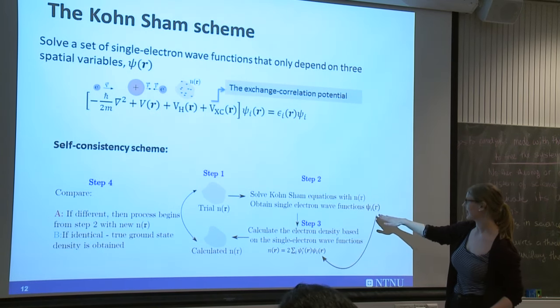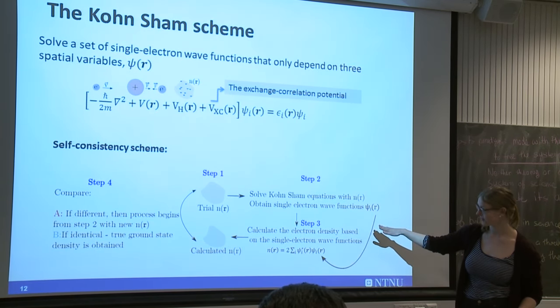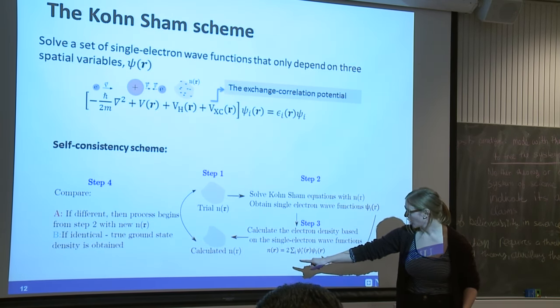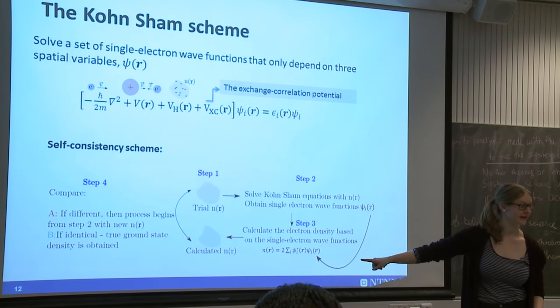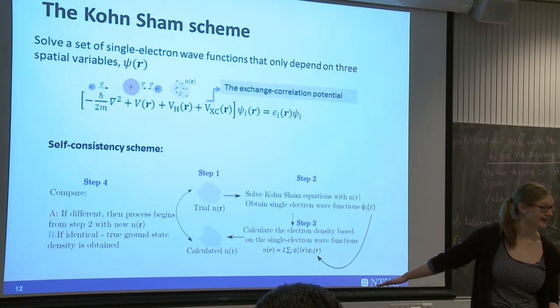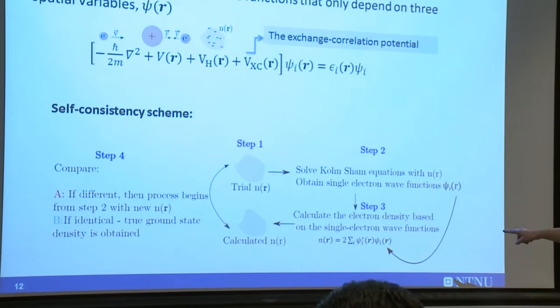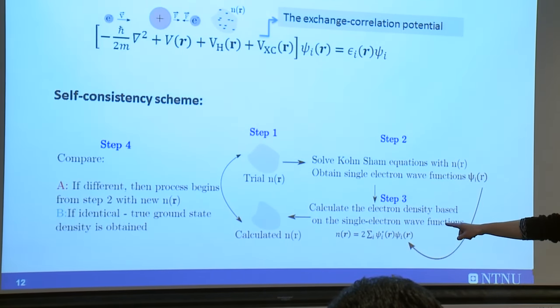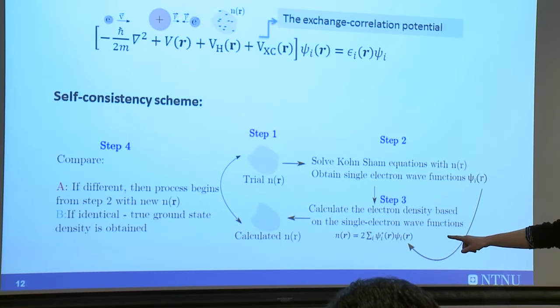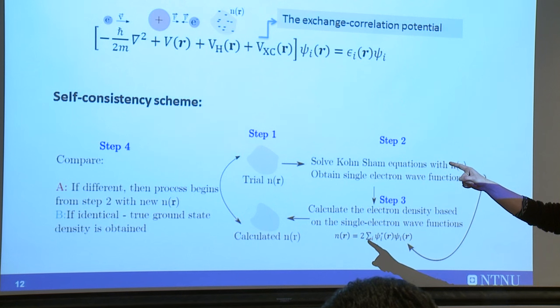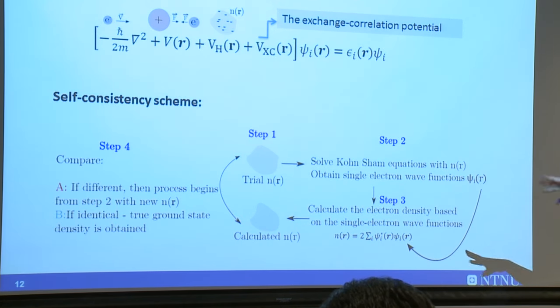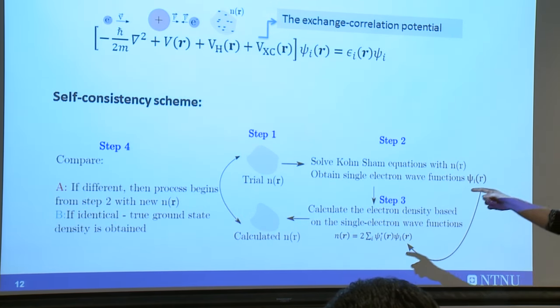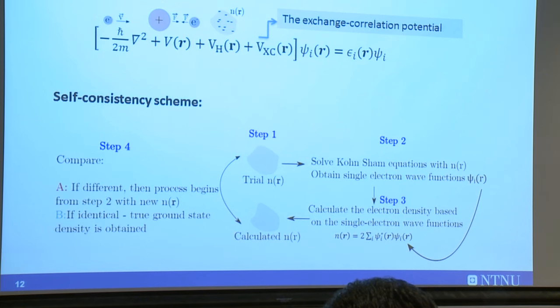And then we obtain a set of wave functions. And we've already seen how this correlates with the electron density. So then we can recalculate the electron density. And if the electron density we got out was the same one as we guessed and put in, then we have self-consistency in our loop.